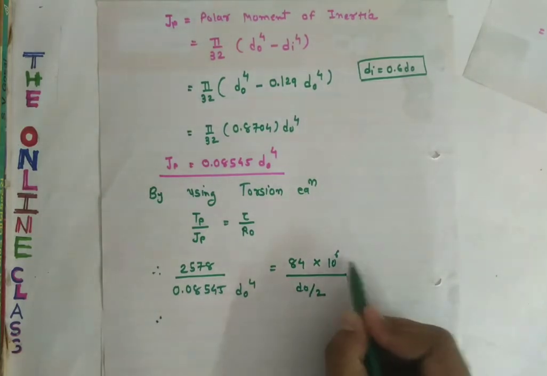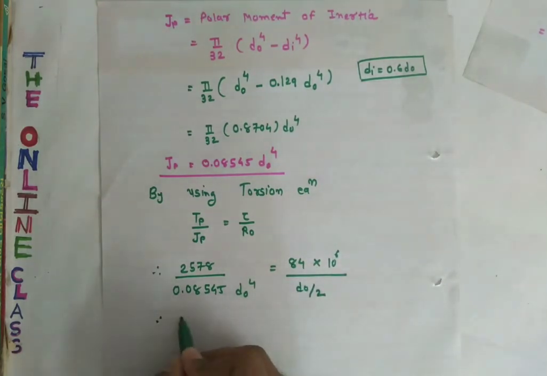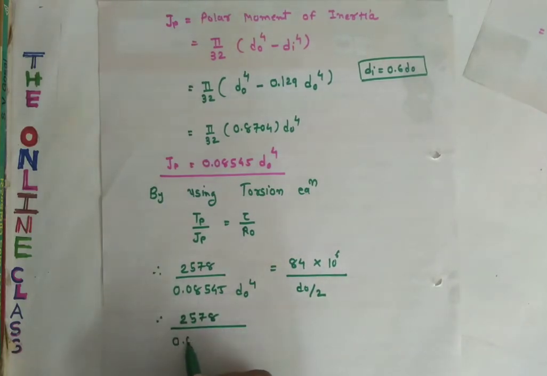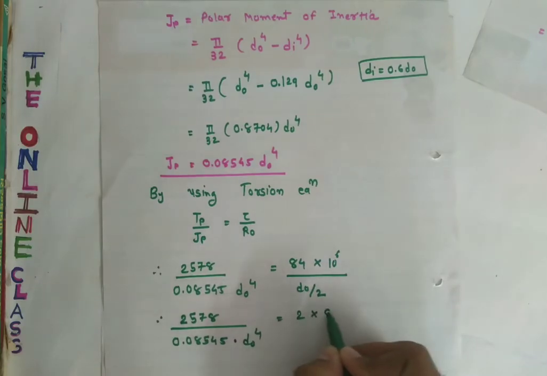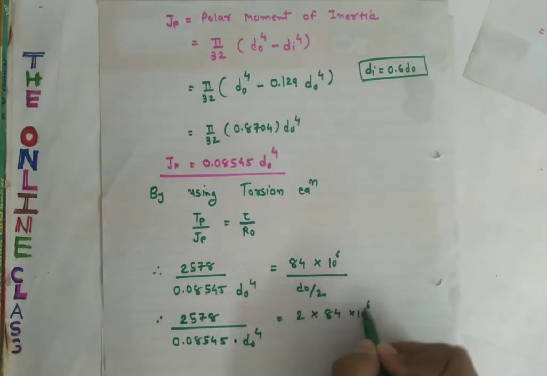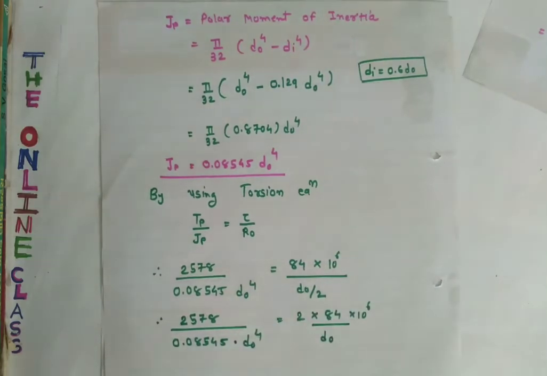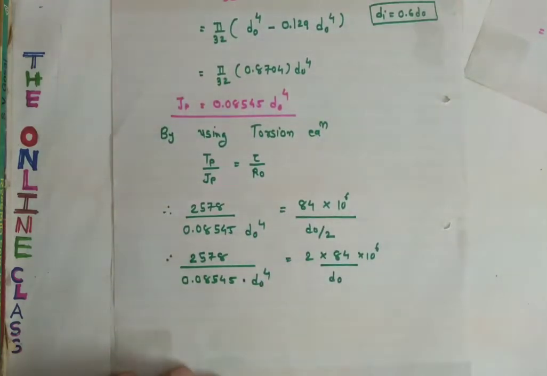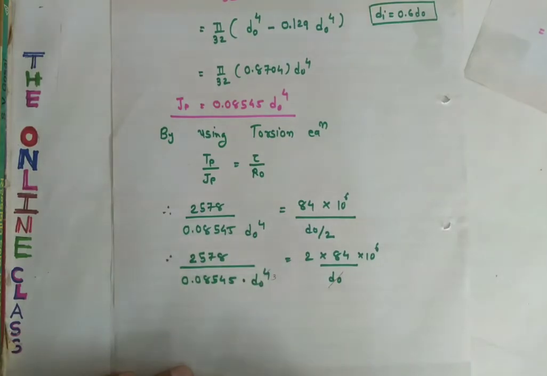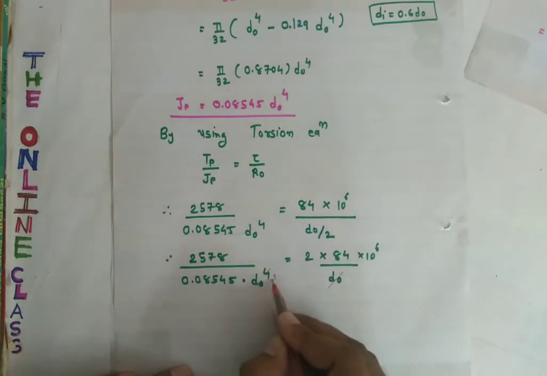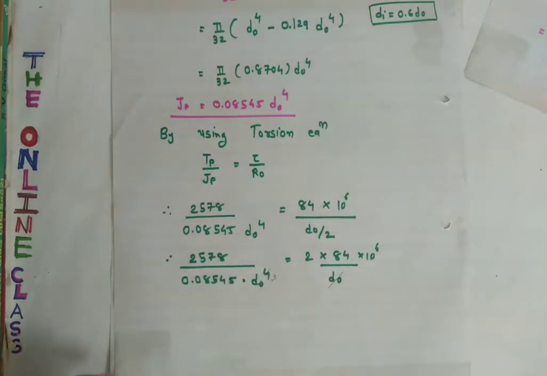Here 2 is going to the upper side. So 2578 divided by 0.08545 DO raised to 4 is equal to 2 into 84 into 10 raised to 6 divided by DO. Here DO cancels out, so remaining DO raised to 3.